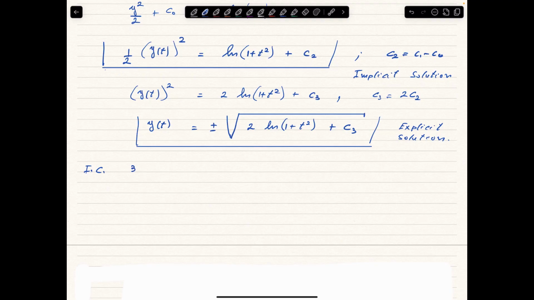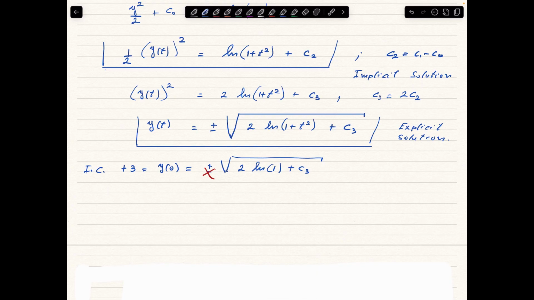Because 3 equals the solution at 0, and the solution at 0 is plus or minus the square root of 2 natural log of 1 plus c3. We see here that there are two possibilities, plus or minus, but the initial condition is positive, isn't it? That means that the minus solution can never be a solution, only the plus.